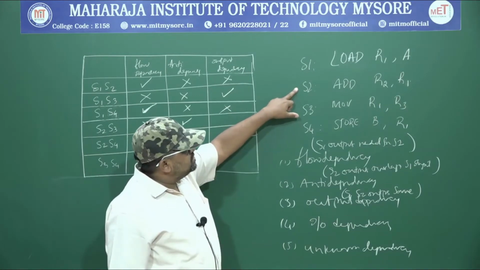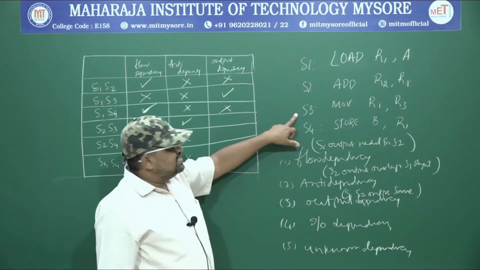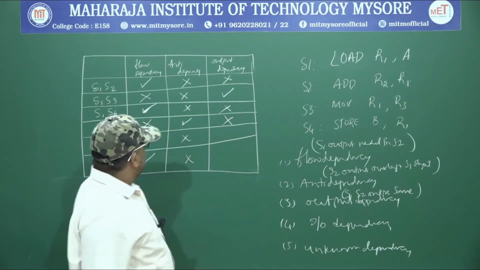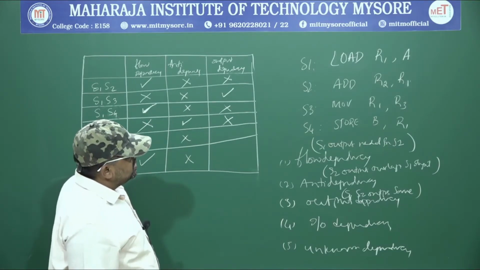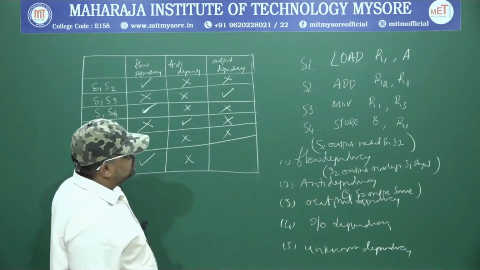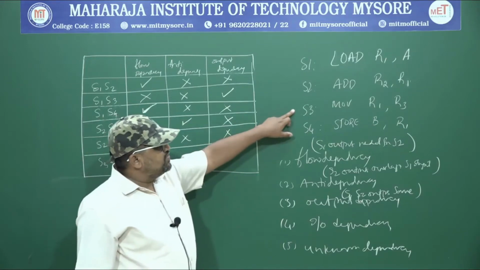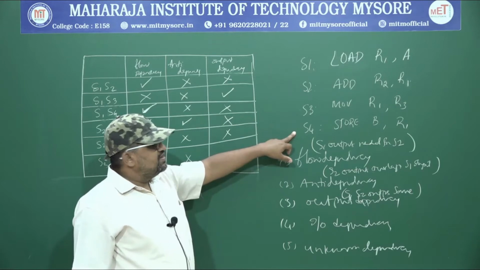The outcome of S2 is R2, whereas the outcome of S3 is R1, so it is not. Similarly for S2 and S4, the S2 outcome is R2, but S4 is writing to a memory location. S3 and S4, the output of S3 is R1, but what is the output of S4?